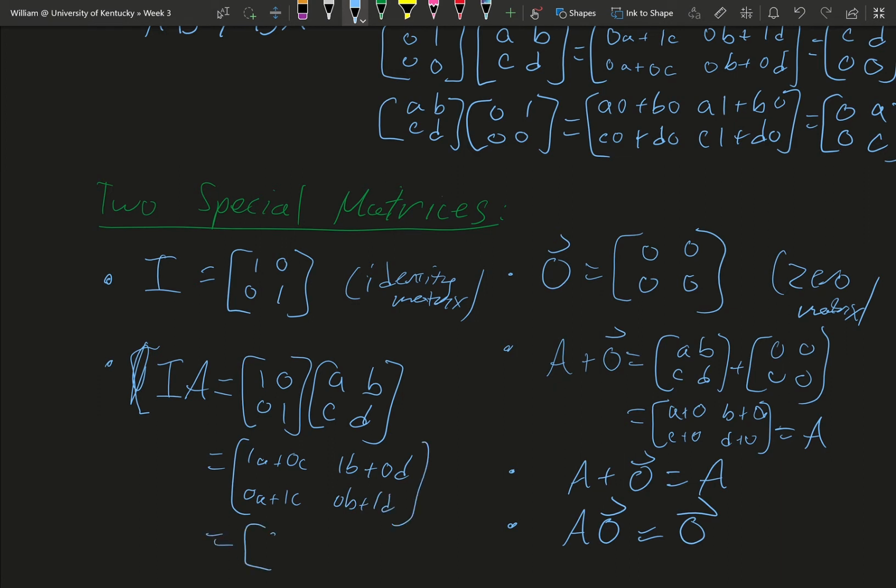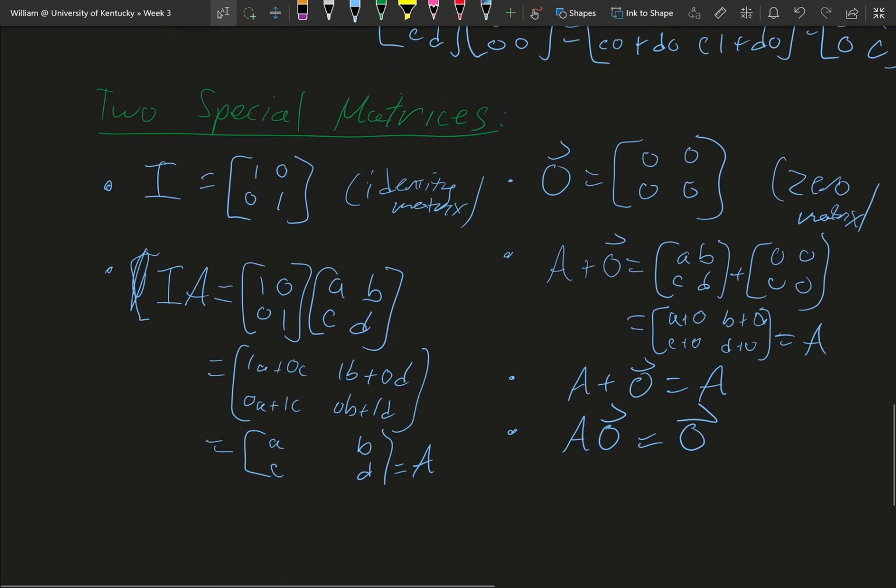And so that just becomes A, that becomes B, that becomes C, and that becomes D. So the identity matrix times A is equal to A, and the same thing is true if you multiply the other way.